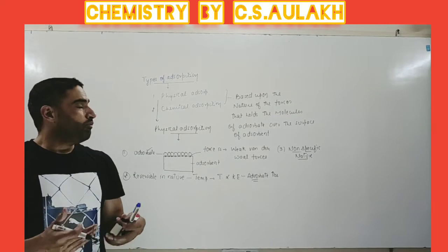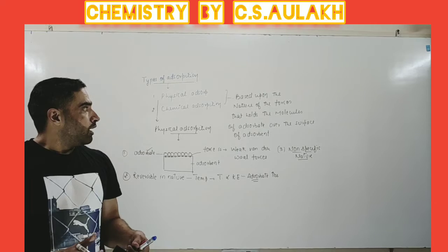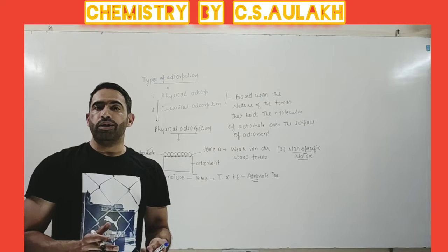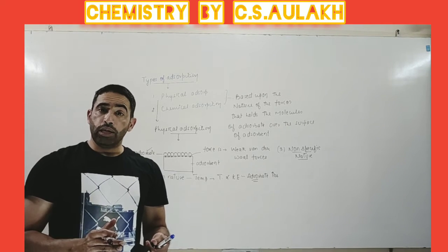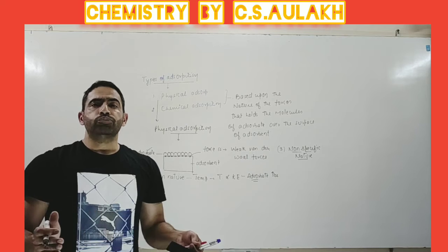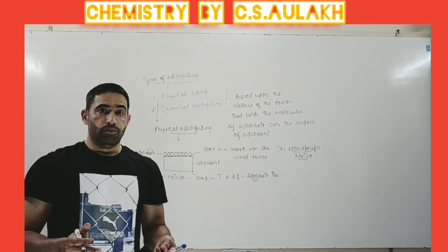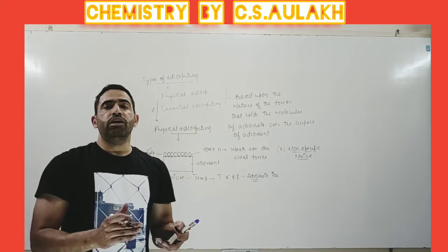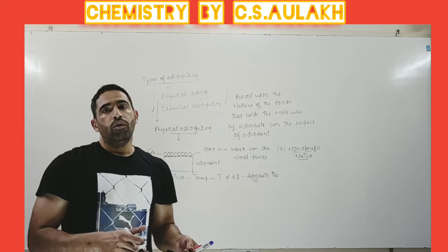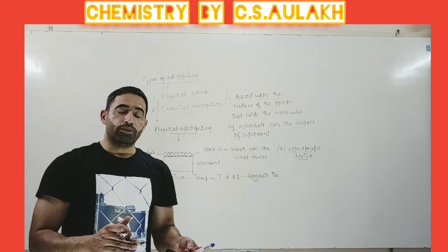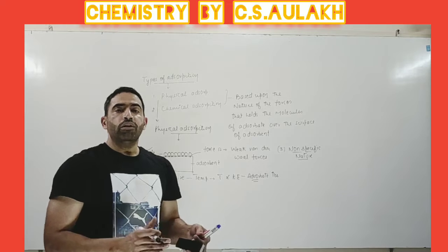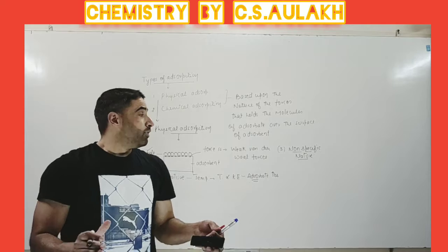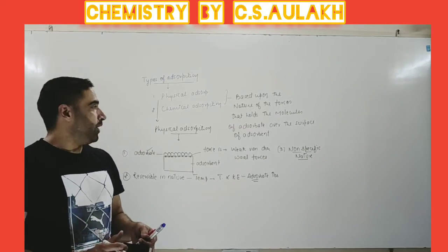To make it clearer, every type of adsorbate can be adsorbed physically over different types of adsorbents, though the extent of adsorption may vary. The same adsorbate can be adsorbed to a greater extent on one adsorbent, and to a lesser extent on another, but adsorption will occur on the surface of all adsorbents. Hence physical adsorption is non-specific in nature.